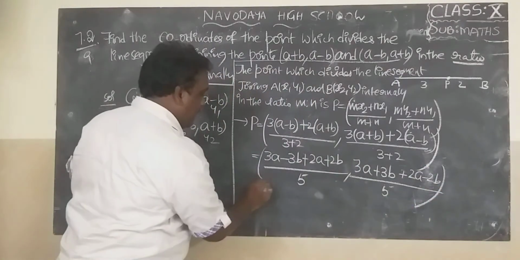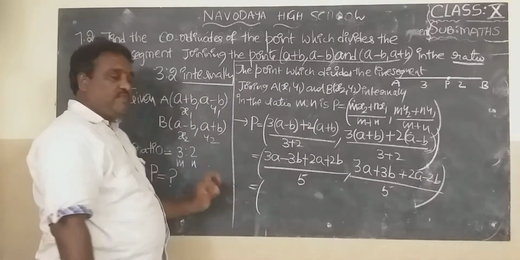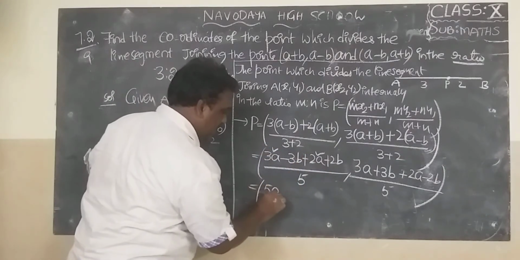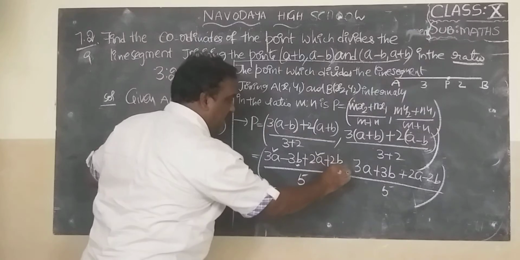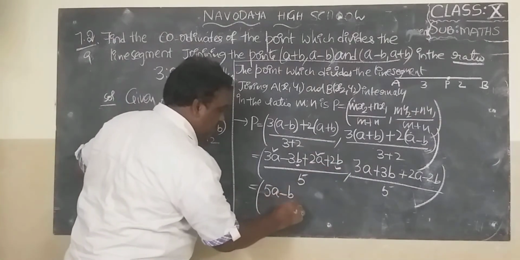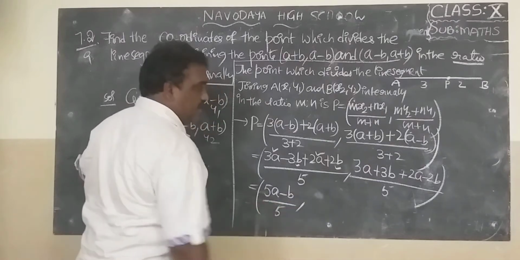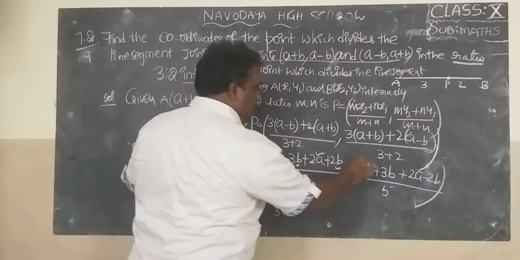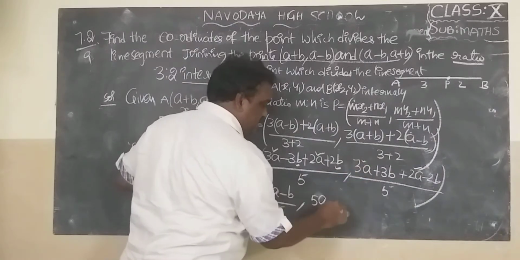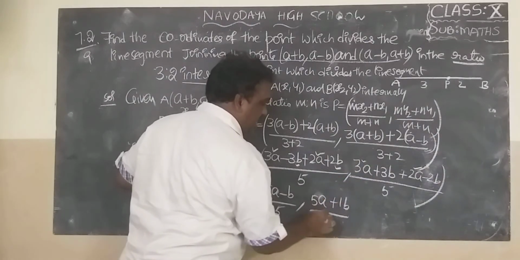Then take like terms for our convenience. 3a plus 2a is 5a. Subtract these two, minus b by 5. Again here 3a plus 2a is 5a, subtraction gives plus 1b by 5.